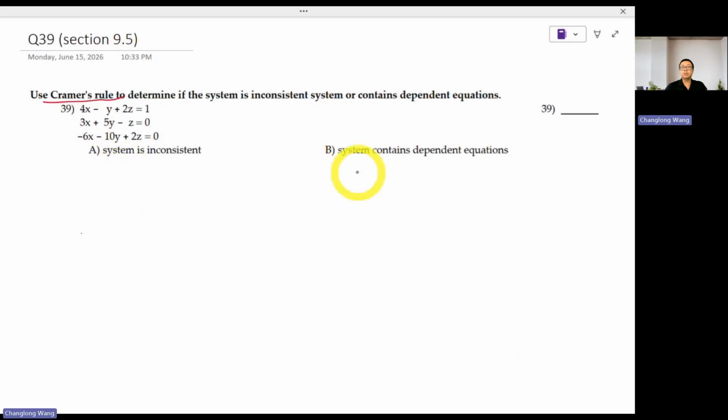But in this case, you're looking at two options. One says the system is inconsistent, and the other says the system is dependent. Those are mathematical terms. But if I translate them into plain language, when it comes to solving systems of equations, what does it mean for a system to be inconsistent?